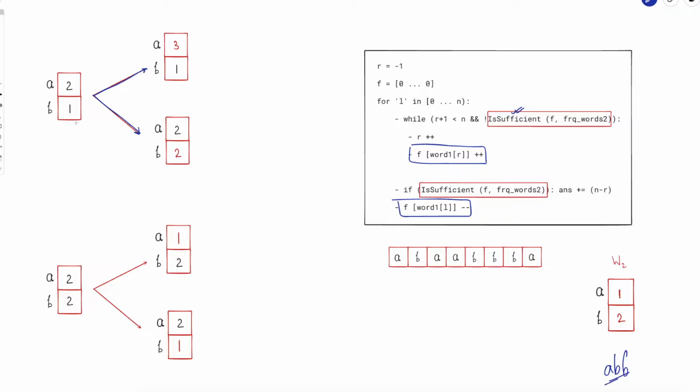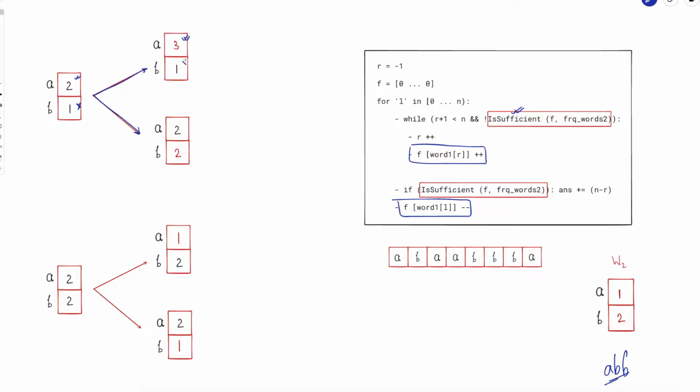So this is what we are after. Currently we have 2A and 1B. Now if you increment A, this is your new character count, and if you increment B, this is your new character count. Now initially A was satisfied and B was not satisfied, right? If you increment A, it will remain satisfied and the rest of the things will not change.